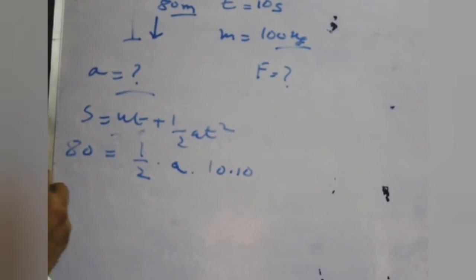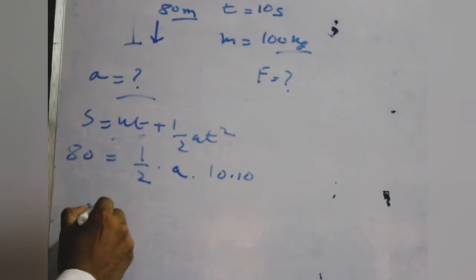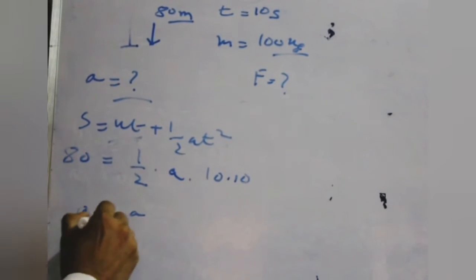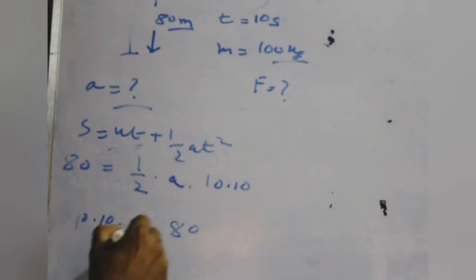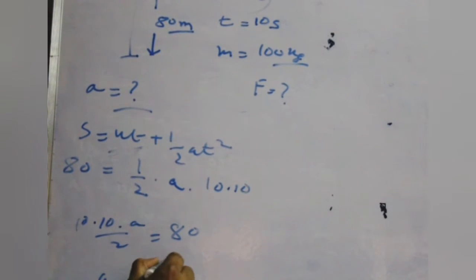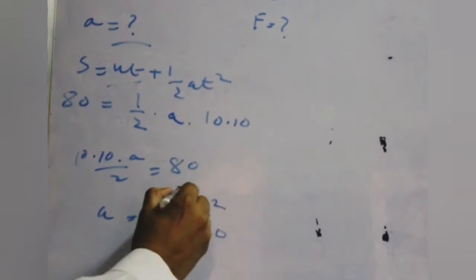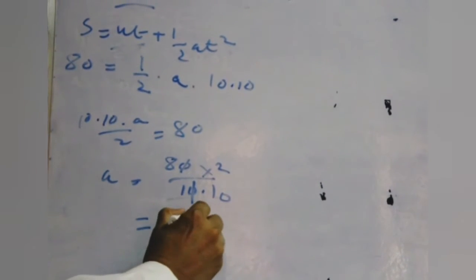So we have 10 multiplied by 10 into a divided by 2, that's equal to 80. So a will be 80 multiplied by 2 divided by 10 into 10. That means this is 1.6 meter per second square.